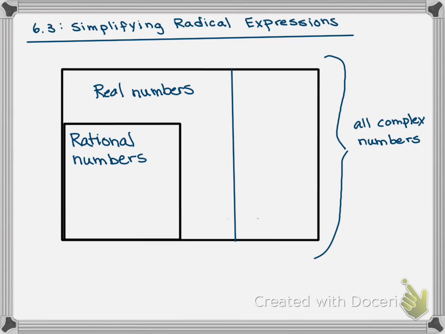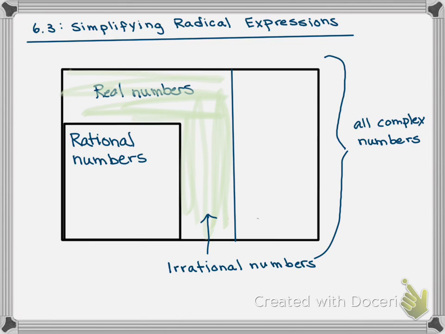Which means that this set of numbers right here, all this stuff in here, which we call the irrational numbers, those are all the decimals that never ever repeat in any pattern, and they never ever end.